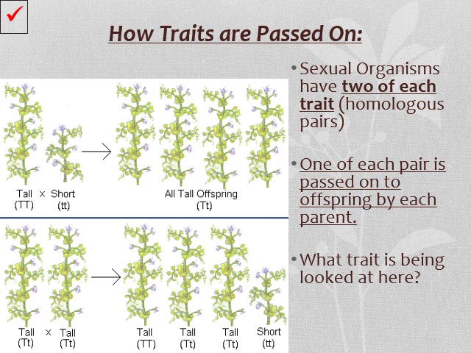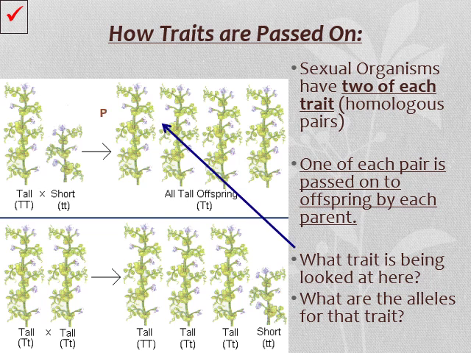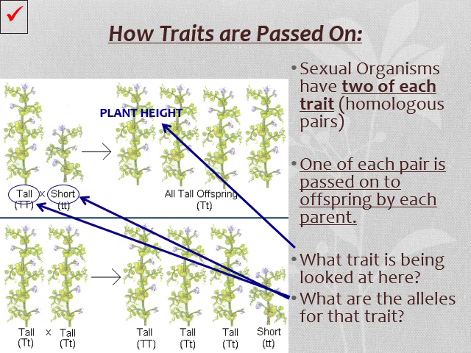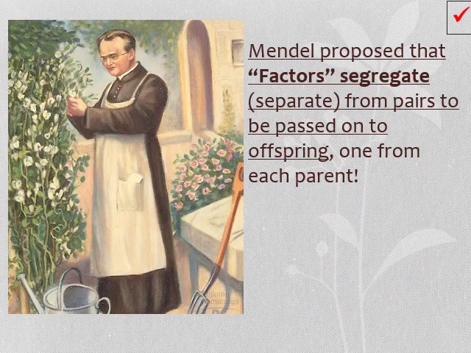If you think back, what is the trait that we're looking at here? I'll give you a sec. That's right. The trait would be height. The alleles, in this case the variations, would be tall or short. Height being the trait, and tall or short being the variations, or alleles.